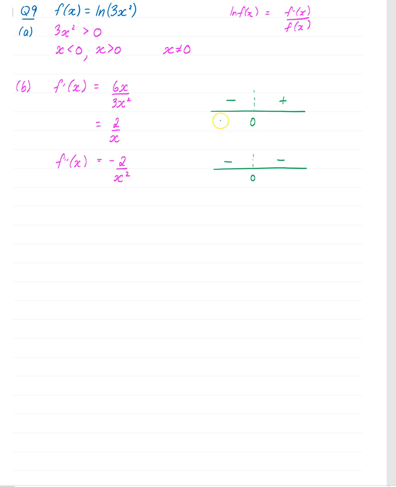Well, when it's less than 0, the function is decreasing. When it's greater than 0, the function is increasing. And while it's decreasing here, it's going to be concave, and also concave here.